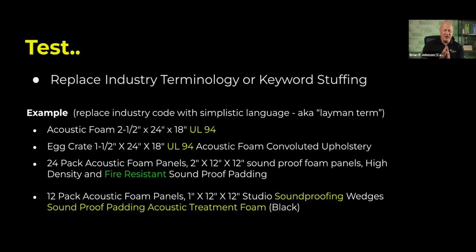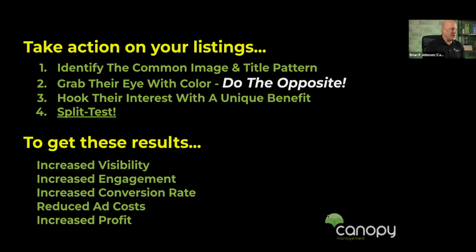I've got a business partner that constantly begs me, you've got to use simpler language. I'm like, oh man, I'm trying. But yes, you can use things like fire resistant or soundproofing. Those are some quick examples.